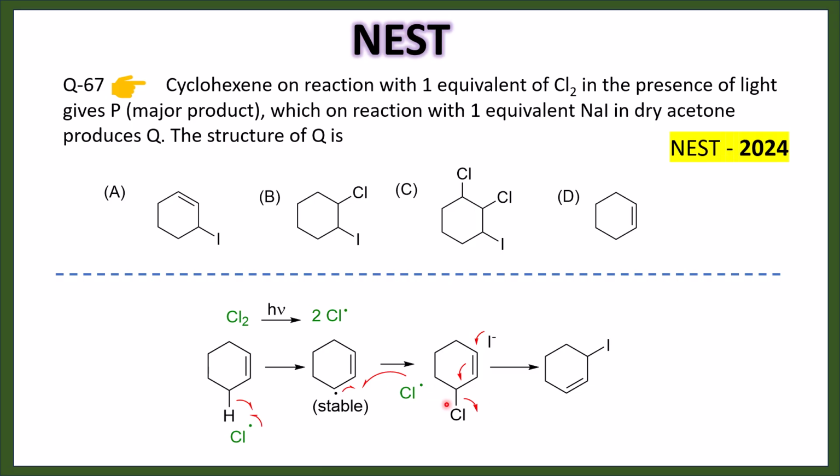This allylic chloride is initially formed. When NaI reacts with this allylic chloride, then the reaction happens this way. Substitution, allylic substitution gives this iodo product. Here it is the only product.